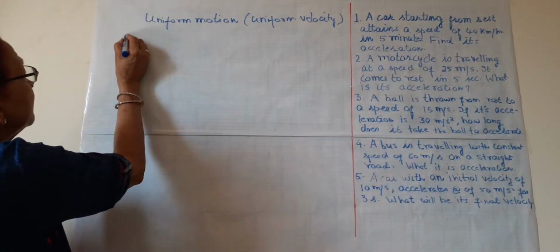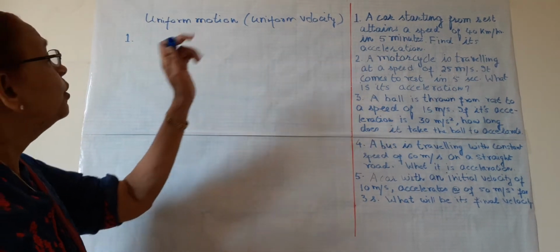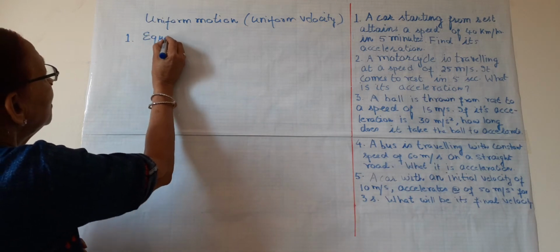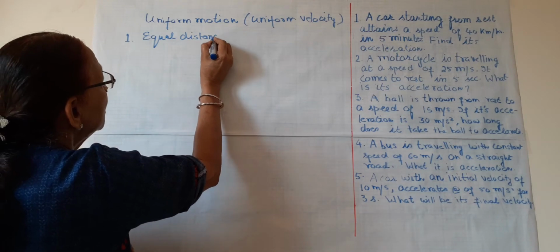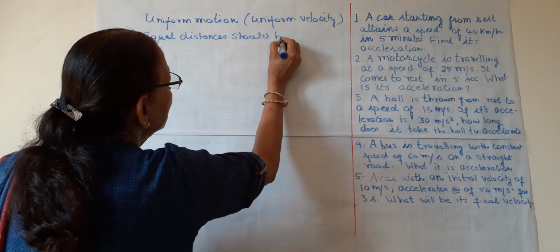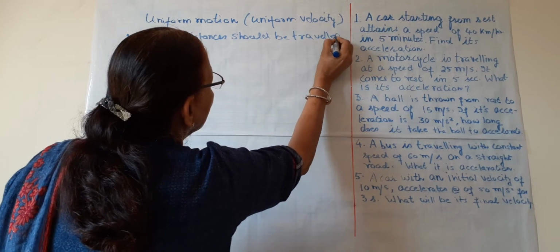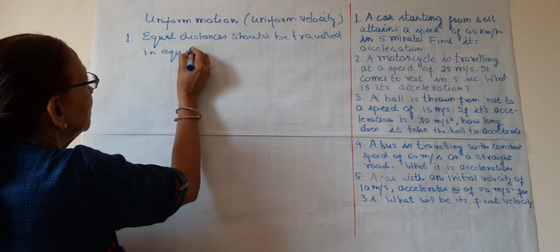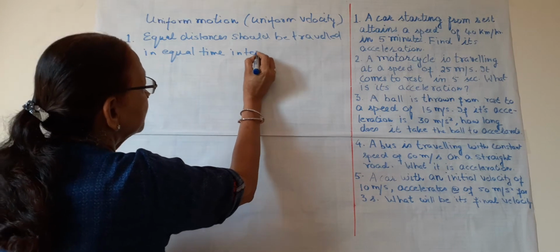There are three conditions for uniform motion or velocity to cause. First, equal distances should be traveled in equal time interval.